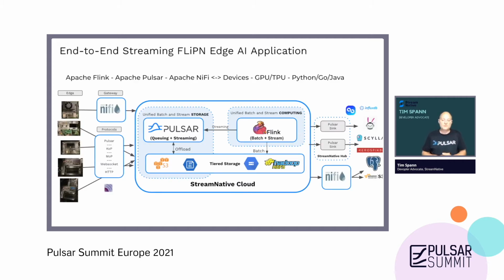Today, I'm going to walk you through some example FLiPN Edge AI apps. This is a diagram of the entire end-to-end stream, which includes, like we mentioned, Flink, Pulsar, NiFi, some devices, and a couple different languages out there for producers.